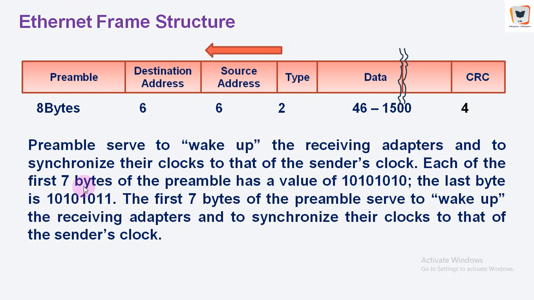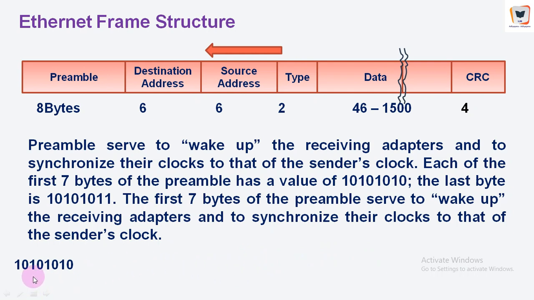The last byte, the 8th byte, is 10101011. The first 7 bytes serve to wake up the receiving adapters, because there are alternating bits, 101010, so that there is no monotony, and to synchronize their clocks to that of the sender's clock.